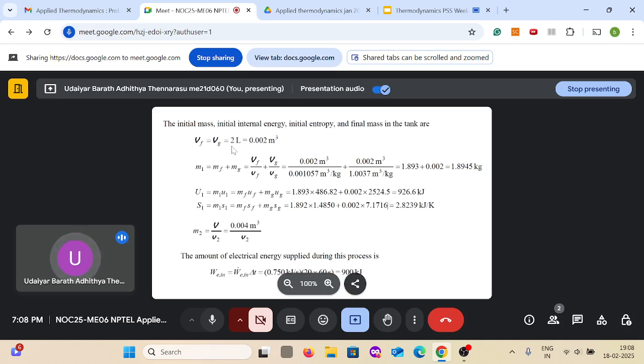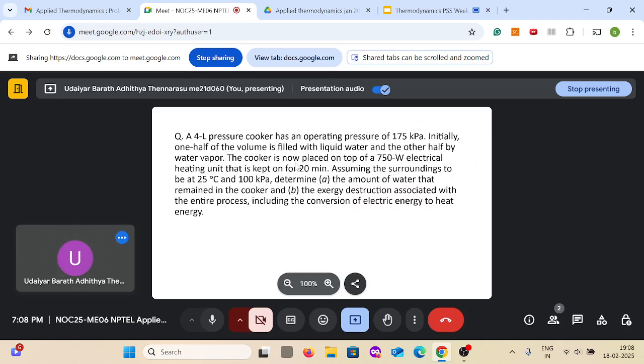We have to find out the initial mass, initial internal energy, and the initial entropy, and the final mass. Initially we know it is a 4 liter tank. Half of it is filled with water and half by water vapor.